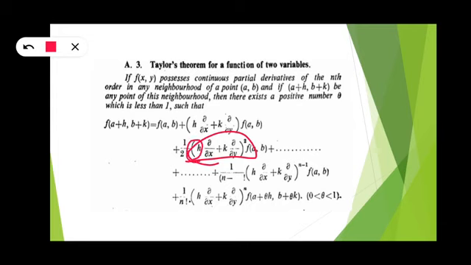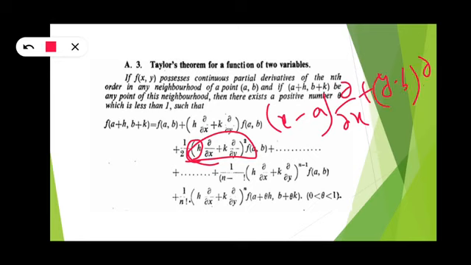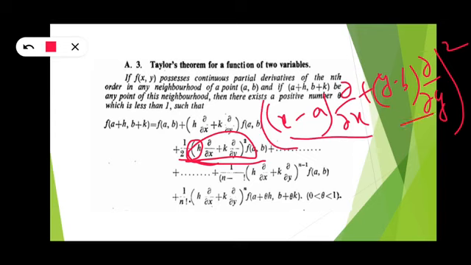Here we write x minus a into dou by dou x plus y minus b into dou by dou y whole square. So this whole term becomes a whole square. Now what we do is, if we take it as a and b, this will be a plus b whole square.